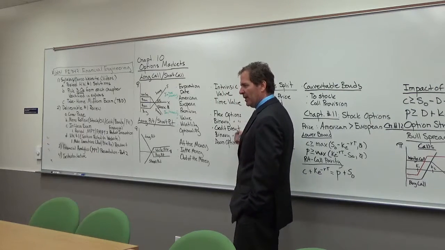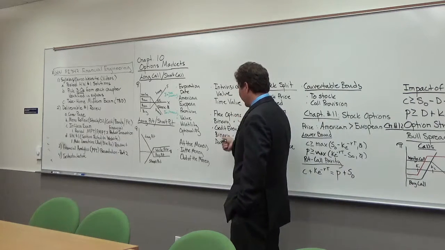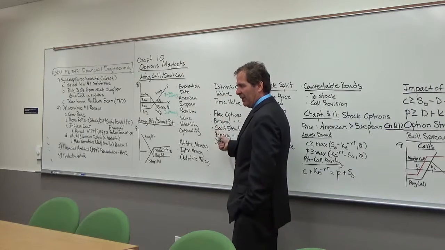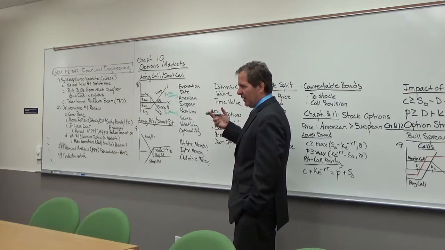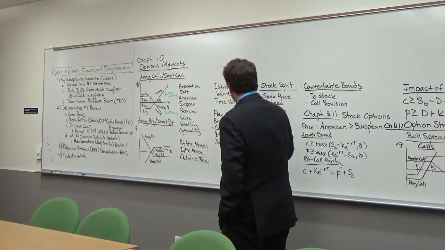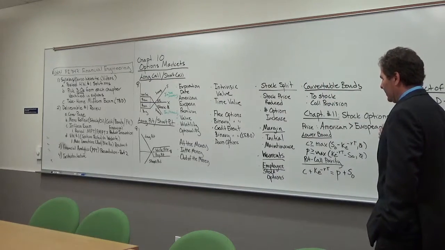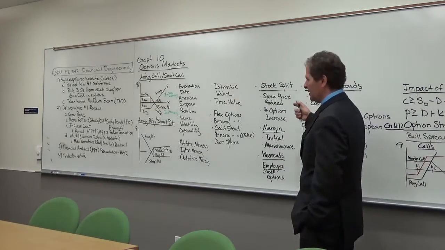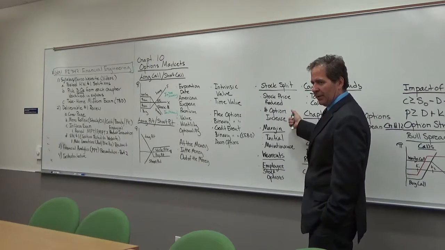So we'll get into exotic options later on in the book. But these are the engineering and the new products that have been developed to compete and to take market share from the over-the-counter market. When stocks split, the prices of the stock are going to be reduced and the number of options are going to be increased.